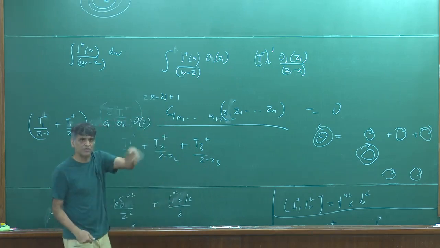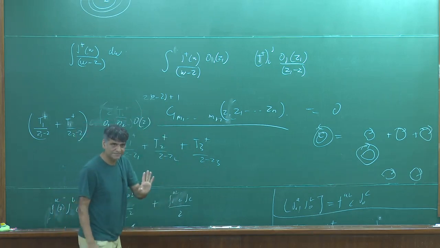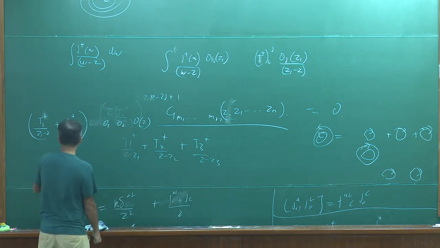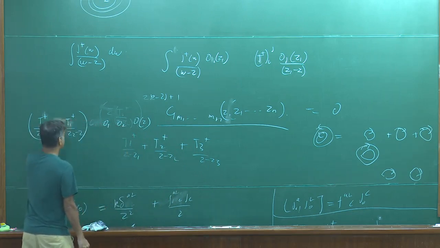Let's say there were two contours and two operators. Now, for each of these, we get the second operation.